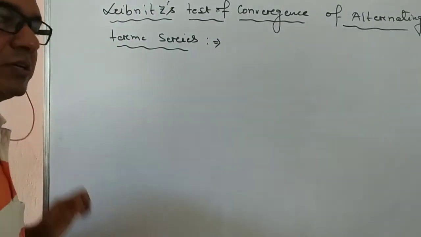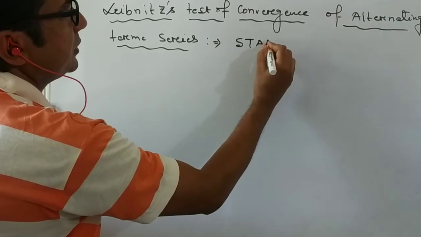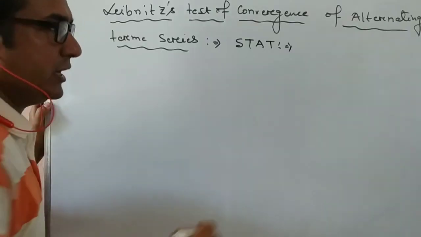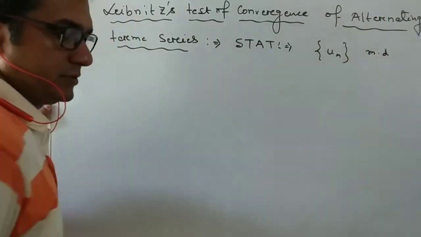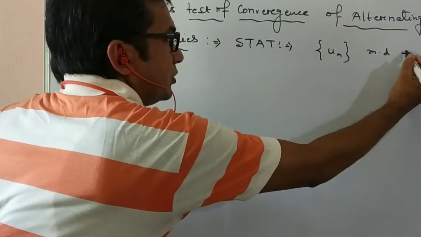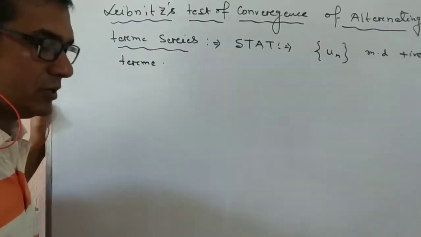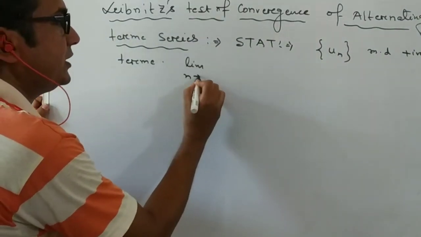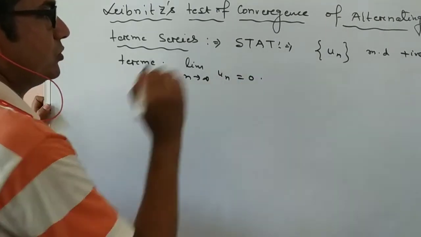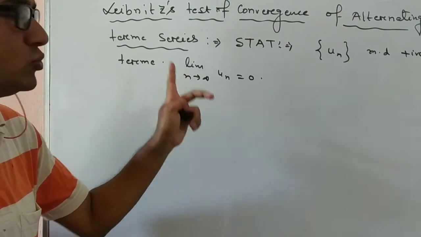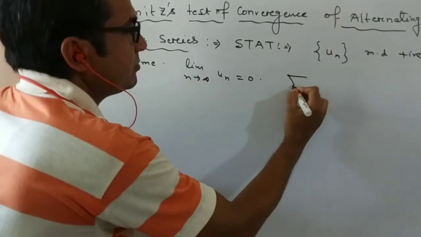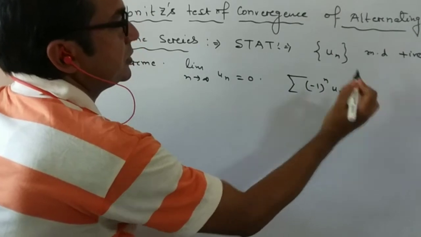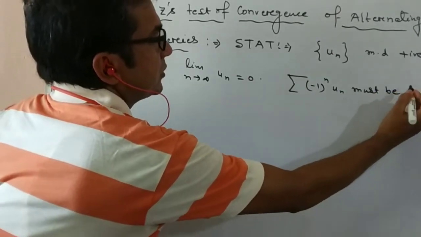And the statement of this test is: if the sequence un is monotonic decreasing and a sequence of positive terms, and limit n tends to infinity un equals 0, that is the general term tends to 0 as n tends to infinity, then the alternating term series must be convergent.